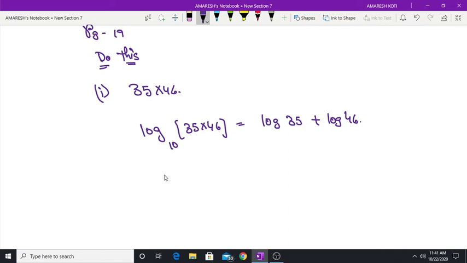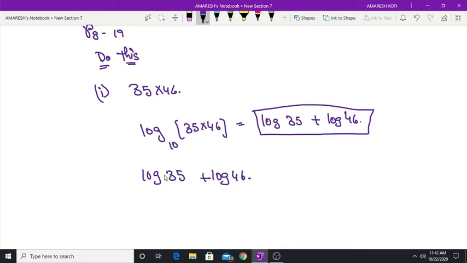This is how we can write it. Again, 35 can be written as log 7 into 5, plus log 2 into 23.